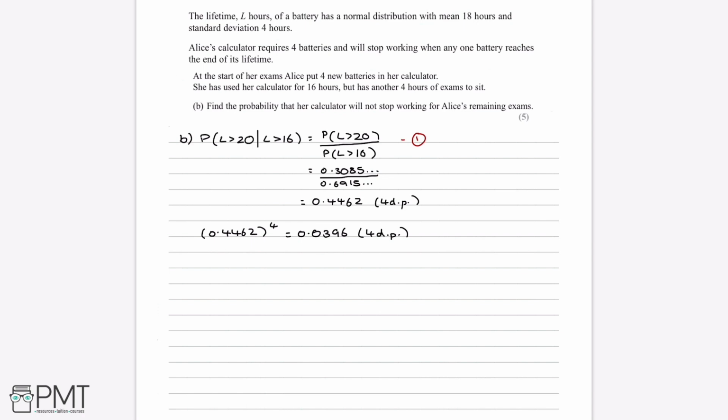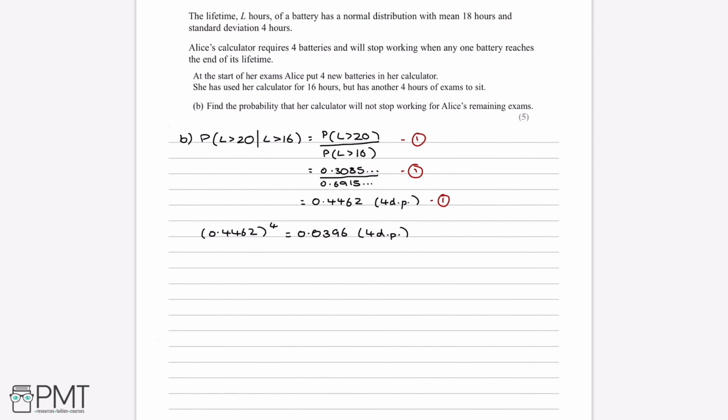And then we get a further answer mark for doing this calculation here, so finding that the probability of L over 20 divided by the probability of L over 16 is equal to 0.4462. And we actually get 2 answer marks for this: one for this kind of ratio of probabilities, and this for the actual answer.